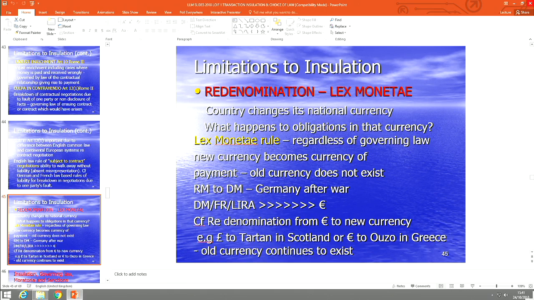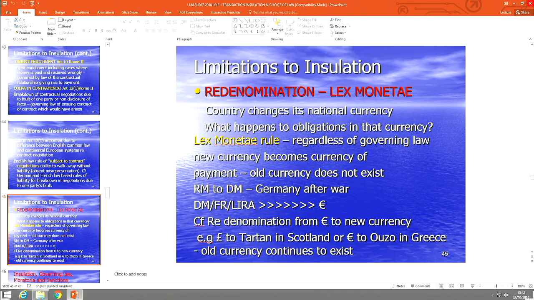So to go back to my Greece example, if Greece had left the Eurozone and redenominated its obligations, bond obligations, loan obligations, from euro into new drachma, the new drachma would be the currency of the obligation. In other words, there's a change in the currency of obligation because of the change in the government's adoption of a new currency in place of an old one.